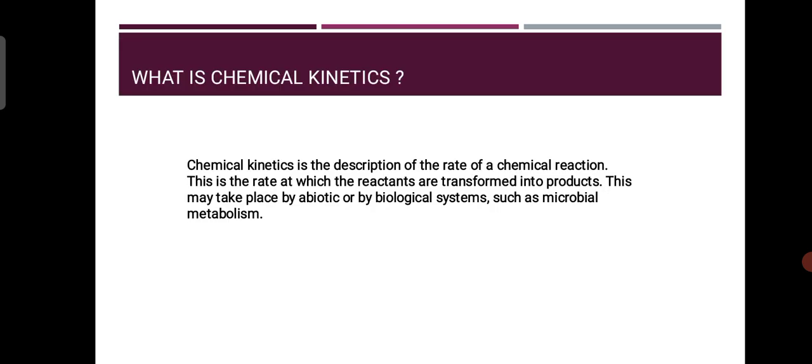Now, first of all, we should know what chemical kinetics is. It is a description of the rate of chemical reactions. It occurs in biological systems such as microbial metabolism and in different inorganic and organic chemical reactions.